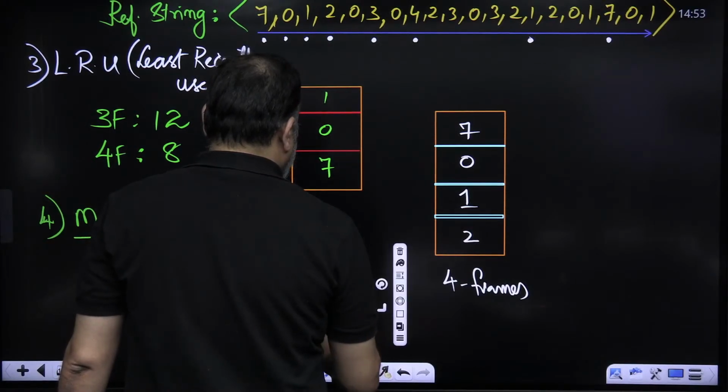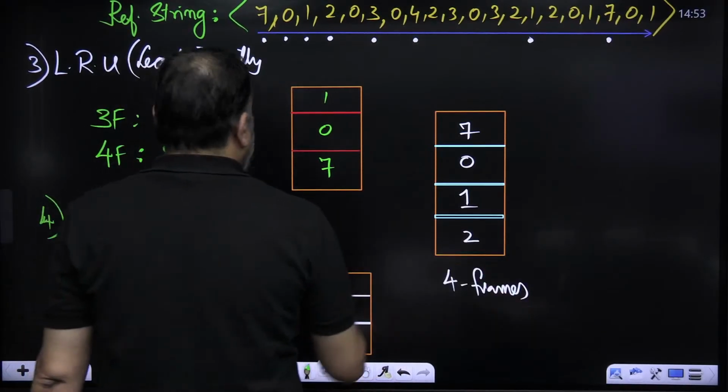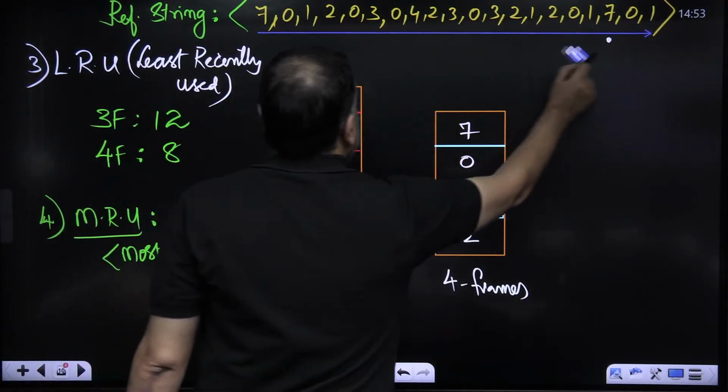So imagine these are the 3 frames for MRU. For this reference string only I will make a trace with MRU most recently.